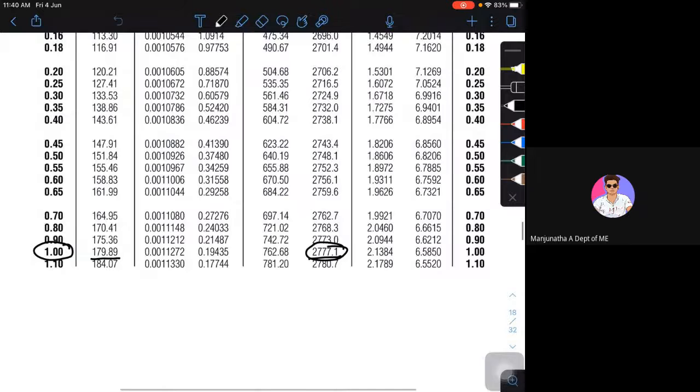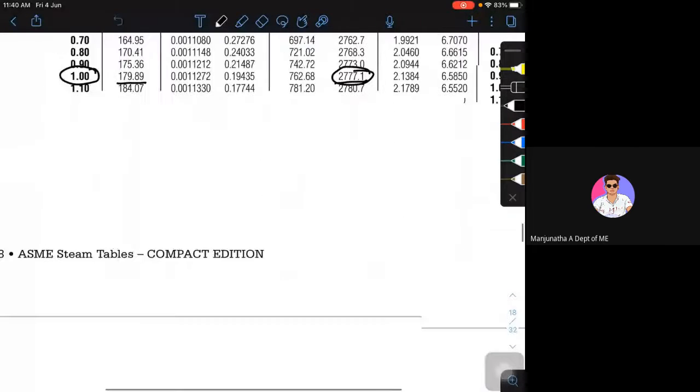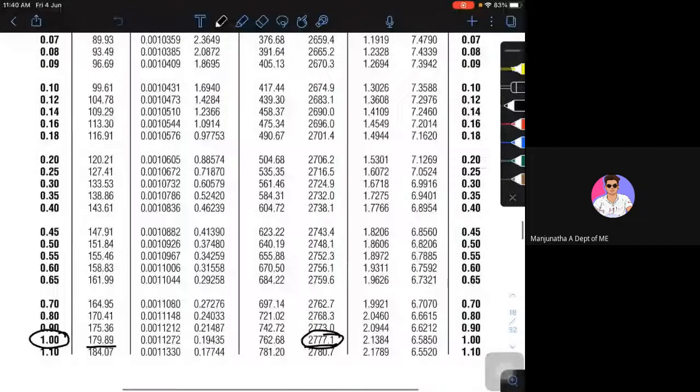Now if you look at the steam tables, what's happening? The value of your Vg is 0.3748. This is the value I'm looking at. The dry specific volume is more, but the given value of specific volume is less. At the same time, look at the saturation temperature, which is 151.84.